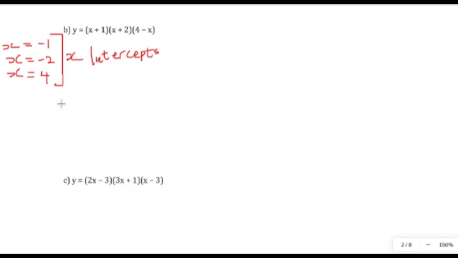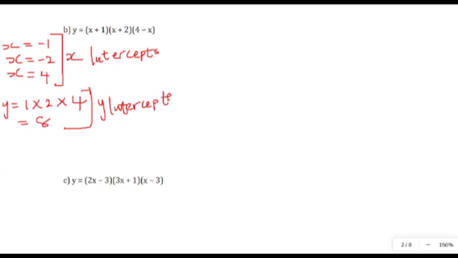Now let's calculate our y-intercept. So for the y-intercept, we have y is equals to, substituting 0 for x here, we're going to have 1 times 2 times 4. So this gives us 8. So this is our y-intercept, the point where the graph crosses the y-axis.